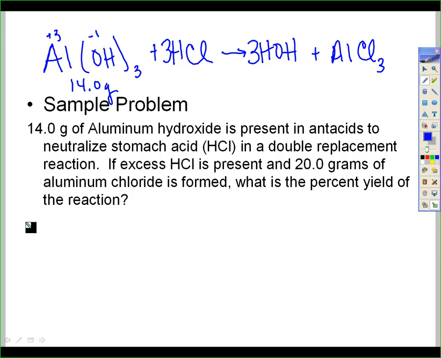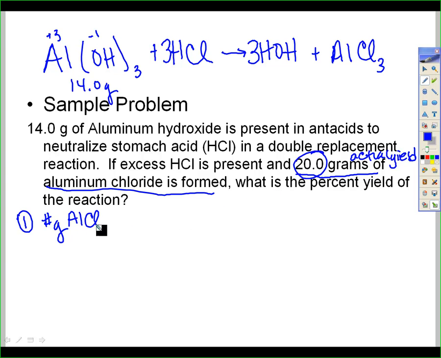So step 1 is to find the number of grams of aluminum chloride. It tells us 20 grams of aluminum chloride is formed, so this right here is your actual yield. Since aluminum chloride is what's formed, we're going to find the number of grams of aluminum chloride that should theoretically be formed.